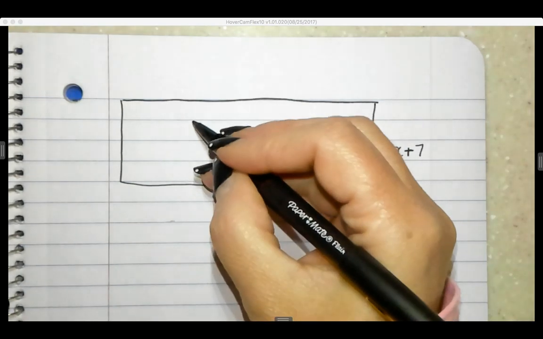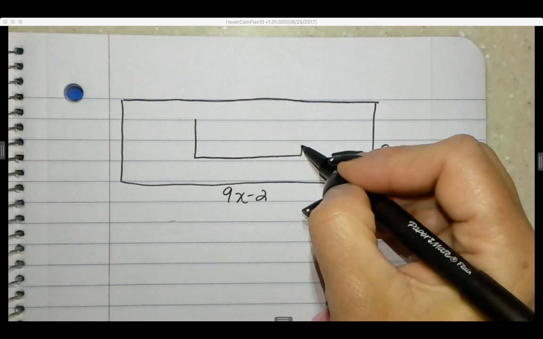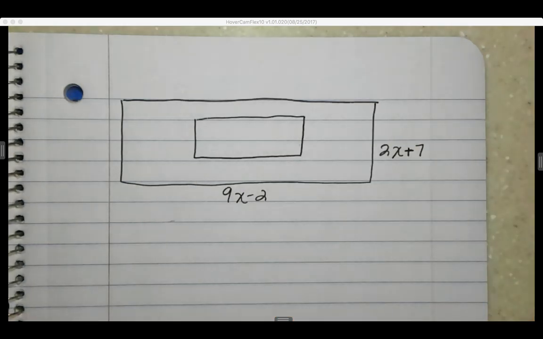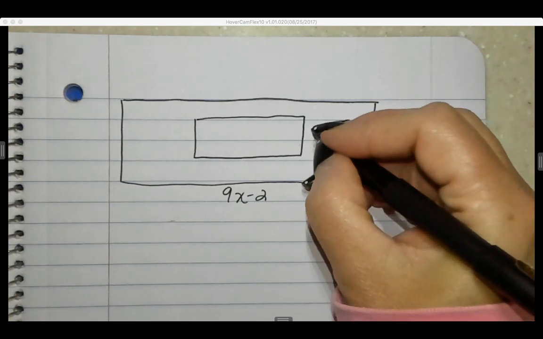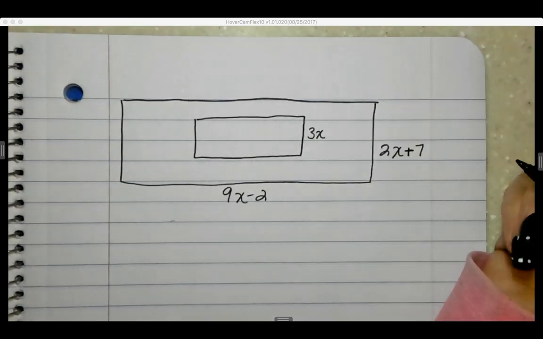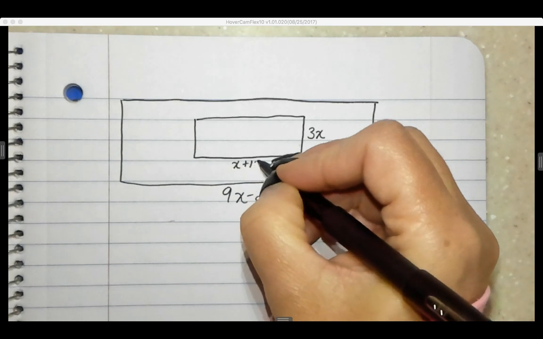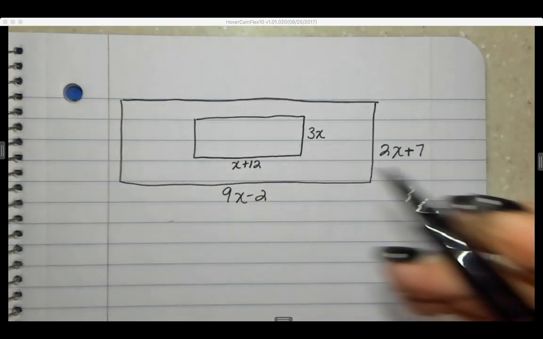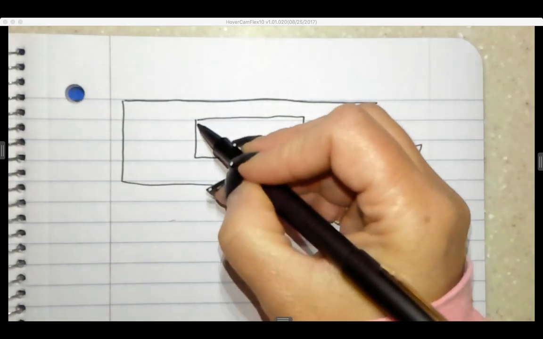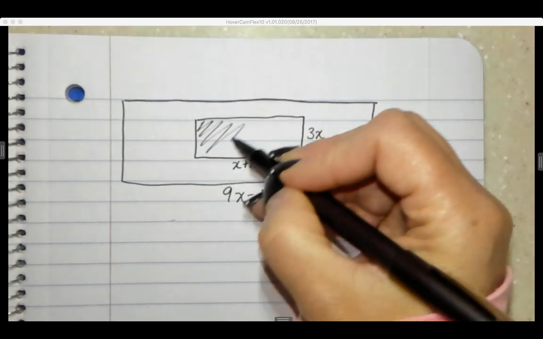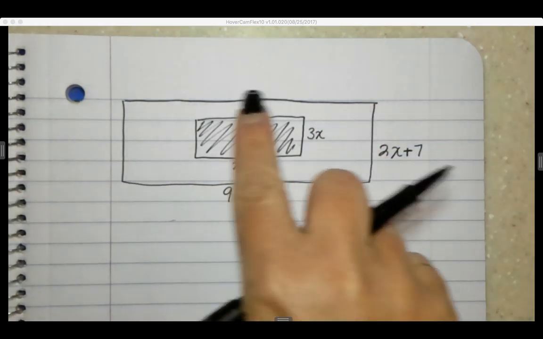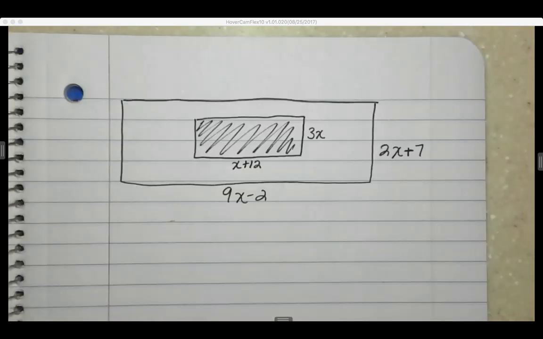There's another guy inside here about yay big. And his dimensions are 3x and x plus 12. So let's call this the shaded figure. And then obviously the unshaded portion.